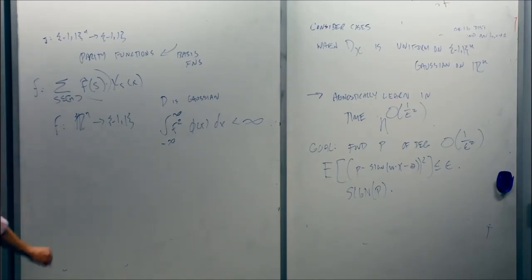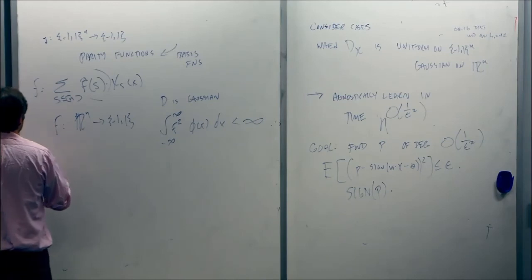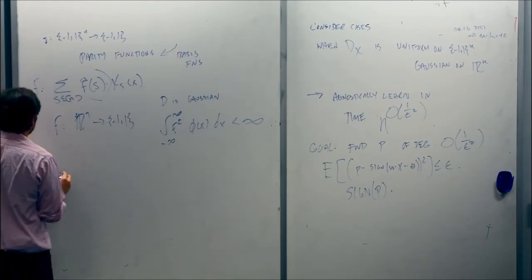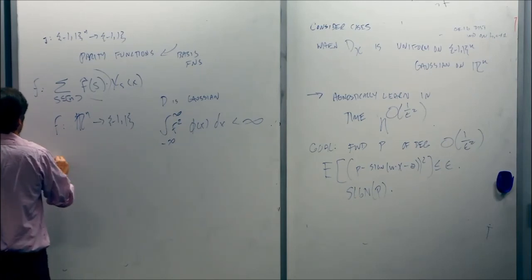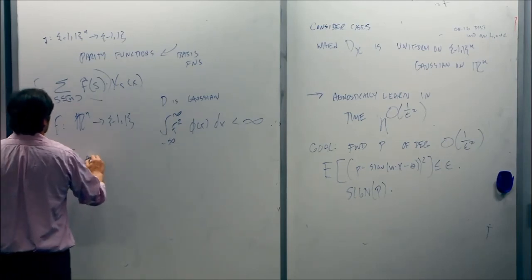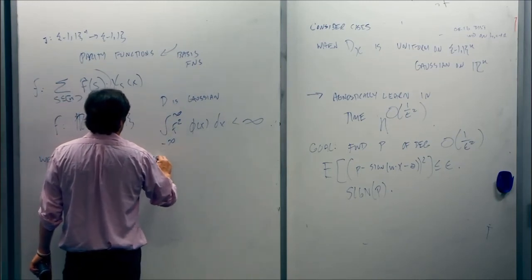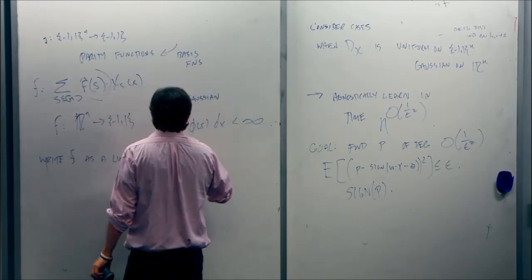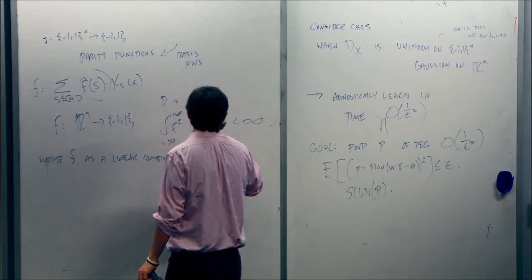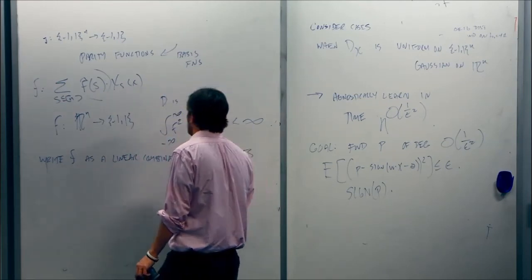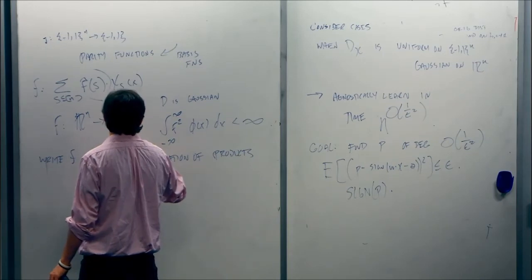Then it turns out that you can write f as a linear combination of products of Hermite polynomials.